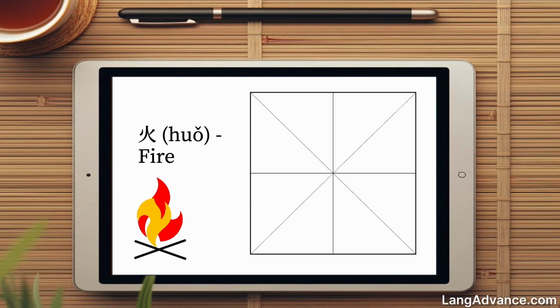Let's break it up and see how we write 火. As you can see, I put a fire there. When you have fire, you will have sticks and all sorts of flames, right? Always start from the left. This is the solid rule. We will have this one, then we have our right, and in between. So when you want to write your words, just try to plan your writing and your positions.